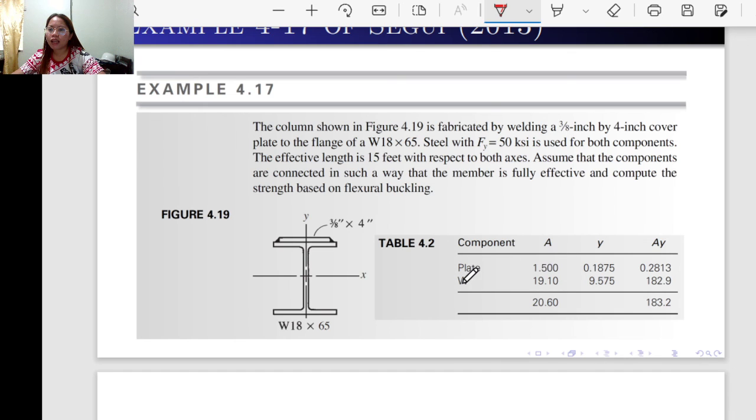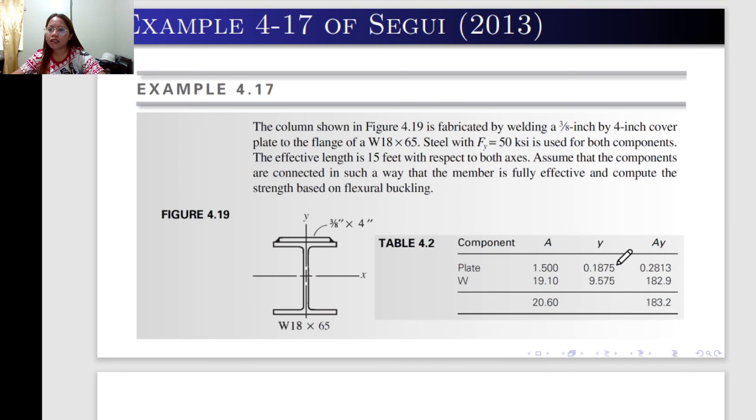And this wide flange area is actually from the table in the AISC manual; if you look here, you have the area of the wide flange. And this y is the distance of the centroid. This 3/8 inch is the thickness of the plate, and half of that is the centroid of the plate, right? Okay, let me get the calculator.